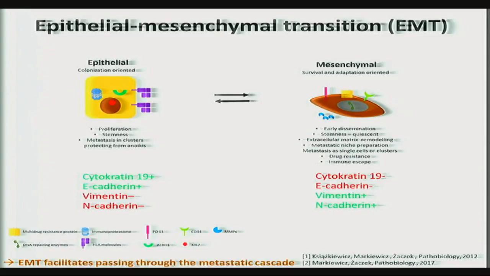It's a physiological and pathophysiological process that changes the morphology of epithelial cells, which are fairly immobile, restricted and polarized, into more motile cells, like mesenchymal cells. Those cells are able to degrade extracellular matrix. They can travel to the nearest blood or lymphatic vessels, and they can form metastasis more efficiently.